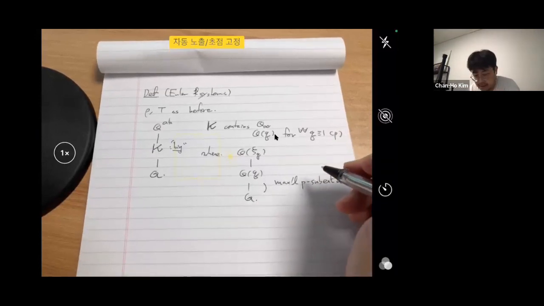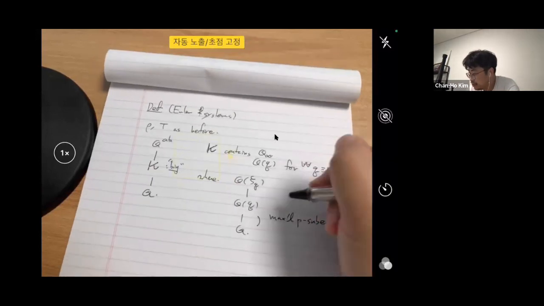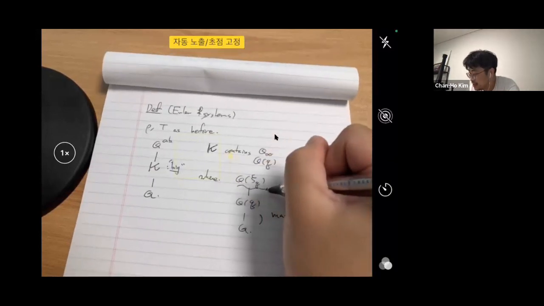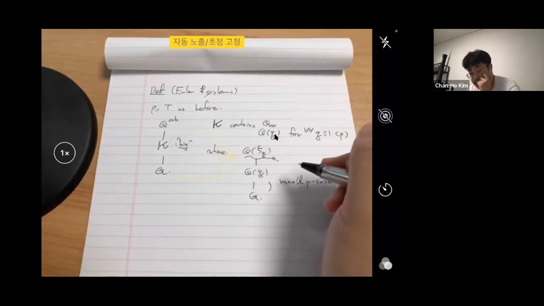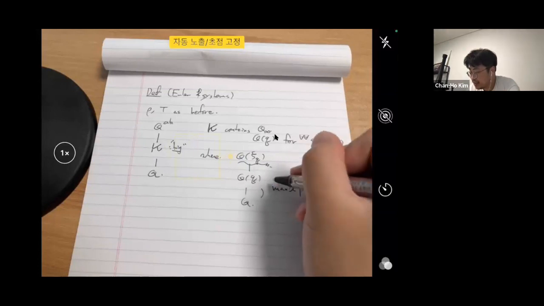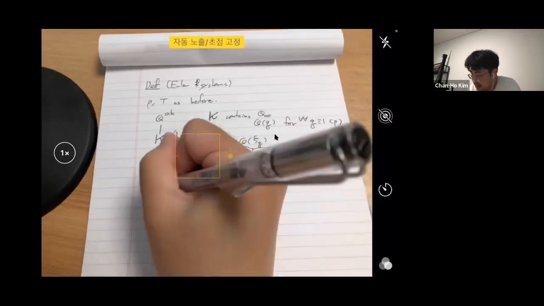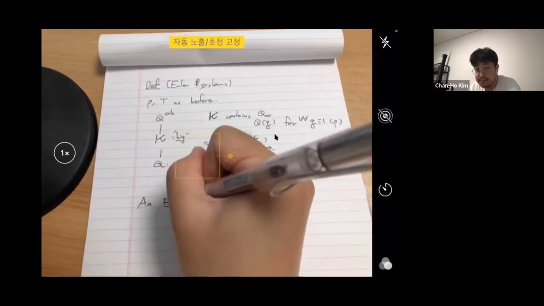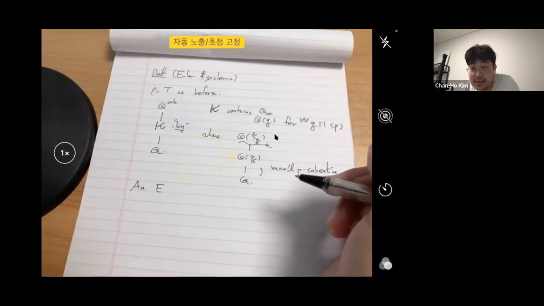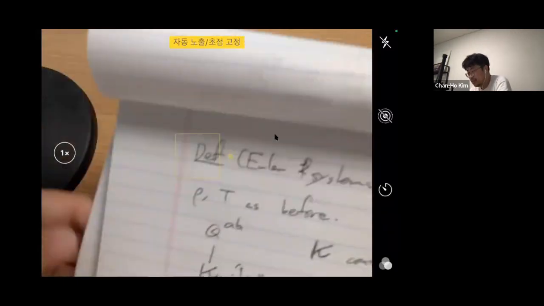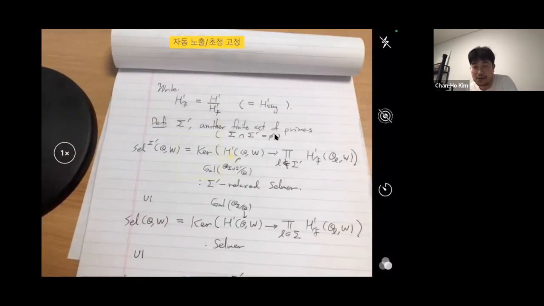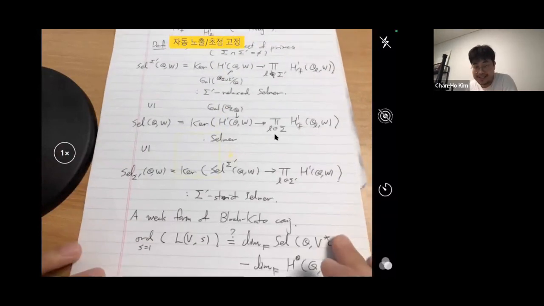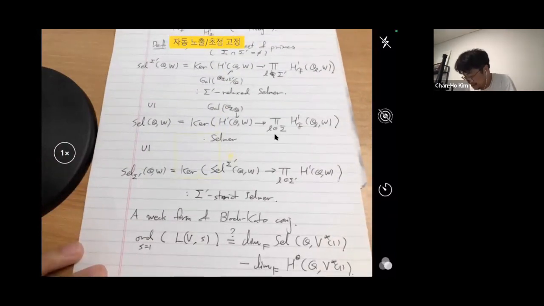But you can just work with this one. This difference does not change too much. So sometimes I work with this, sometimes I work with this. For an Euler system, vanishing, depending on the normalization, of course, if I consider, how can I say that?